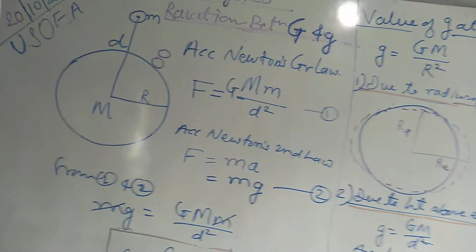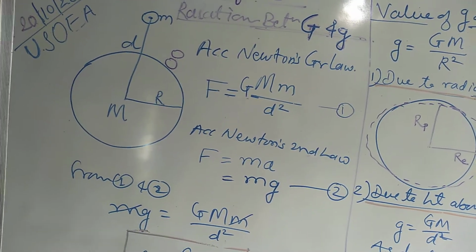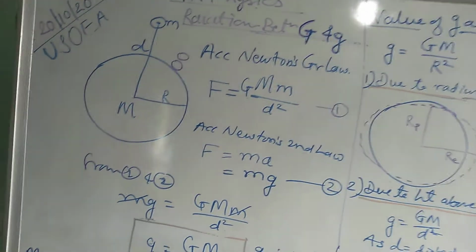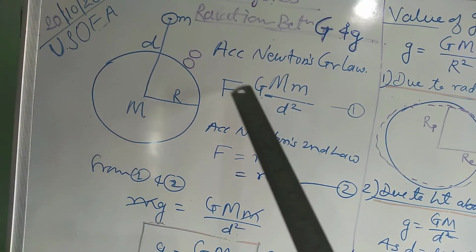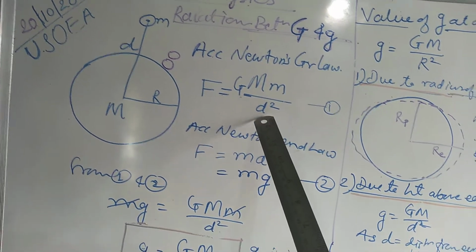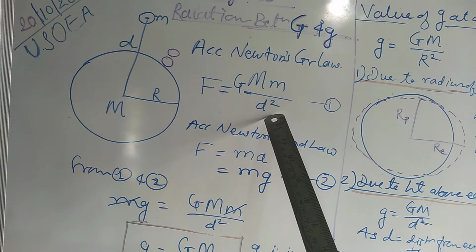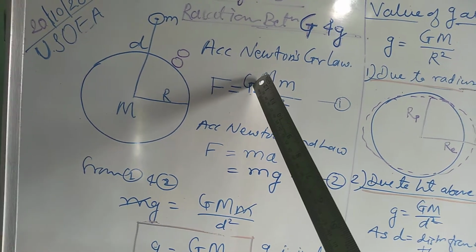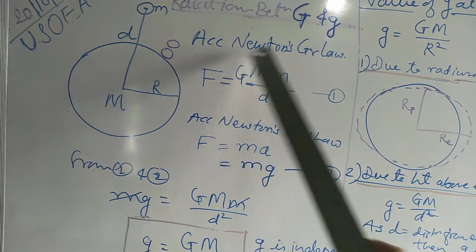According to Newton's universal law of gravitation, the force exerted between them is proportional to the product of the masses and inversely proportional to the square of the distance between them. To remove the proportionality, we have kept that constant G here, and we get this.